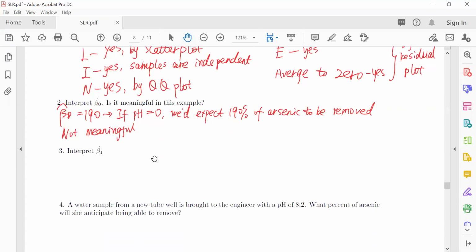Now, the interpretation of beta 1 hat, that's -18.